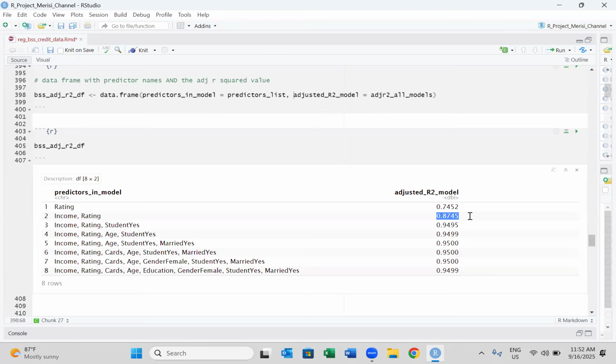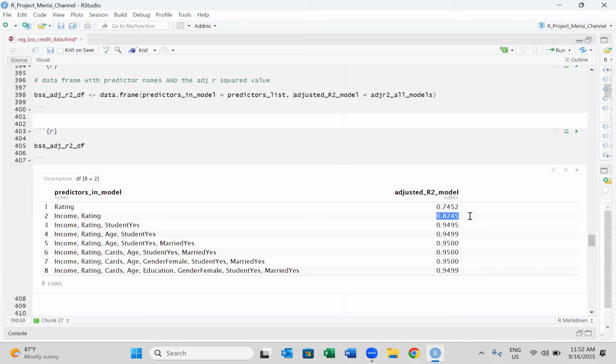Excellent. Now we need to compare these 8 equations. How do we compare them? Well, we're going to compare them using the most widely used criterion, but this is a criterion that is somewhat naive and simplistic, but that's okay. This is kind of the book criterion.